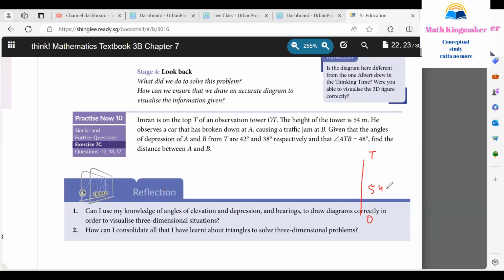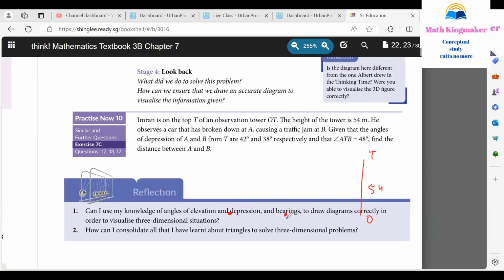He observed a car that has broken down at point A, causing a traffic jam at B. So some car is broken down here at point A. We don't know whether this point A is nearer to the tower or far away from the tower. We are not sure.